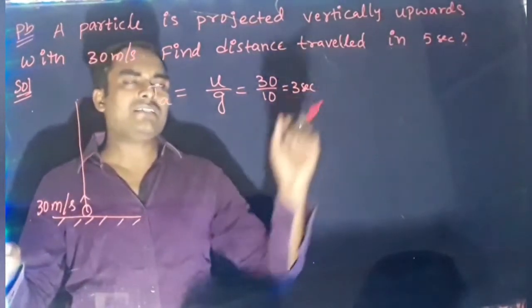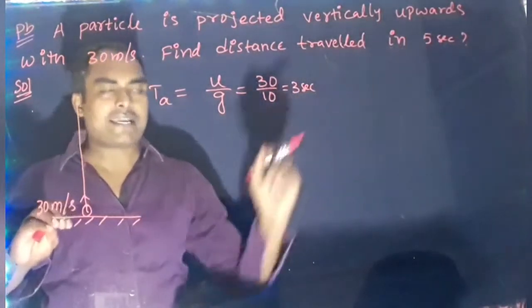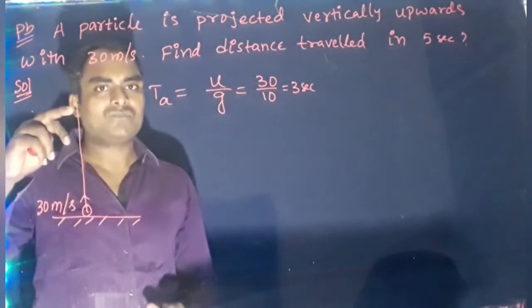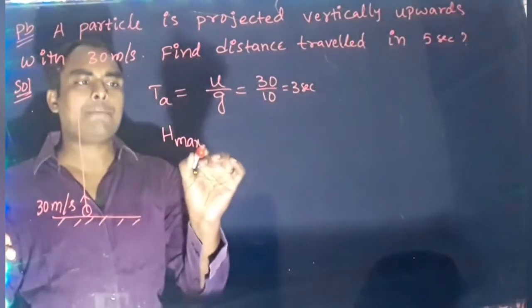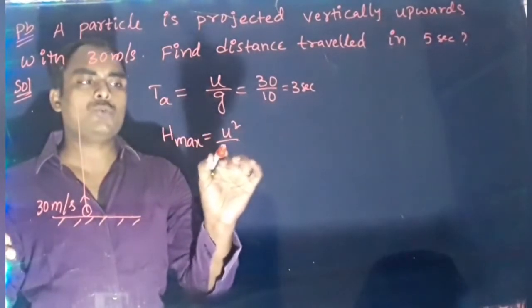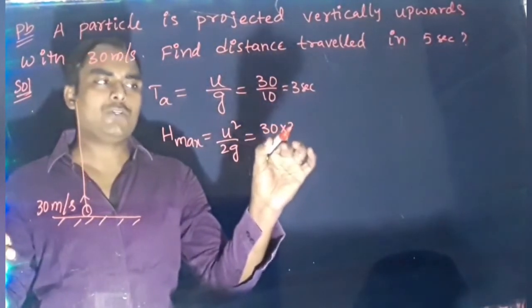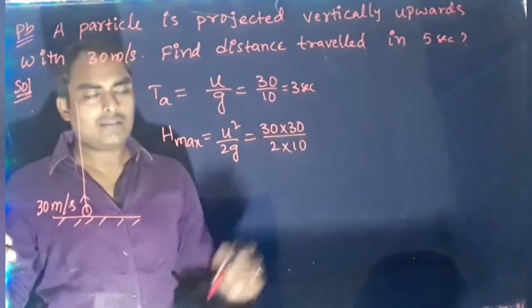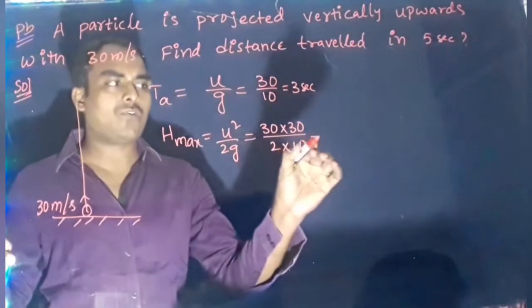So we need to find the distance travelled in 5 seconds. Out of 5 seconds, in 3 seconds it will reach maximum height. So first let us find the maximum height. The formula is u square by 2g for a vertically projected up body. So u value 30, u square, 30 into 30 by 2 into g value 10. So the 0s cancel, 3 into 30, 90, 90 by 2, 45 meters.